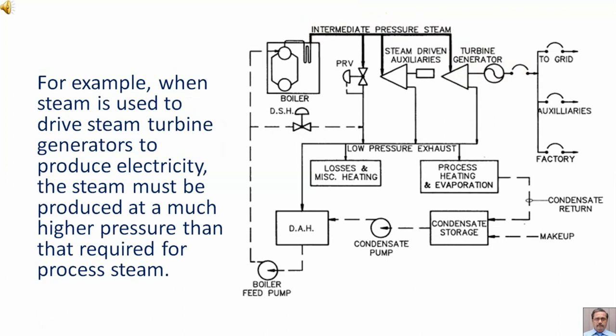For example, when steam is used to drive steam turbine generators to produce electricity, the steam must be produced at a much higher pressure than that required for process steam.